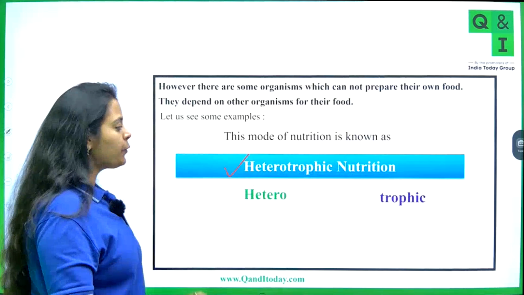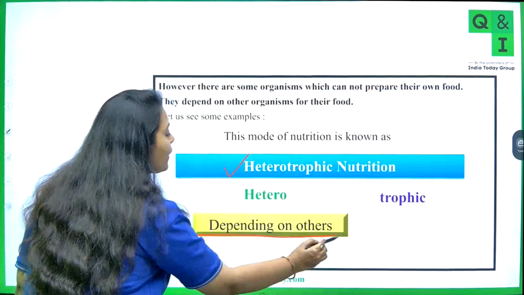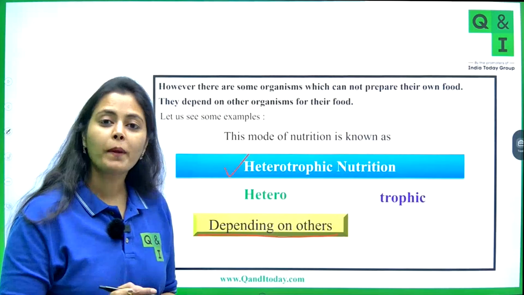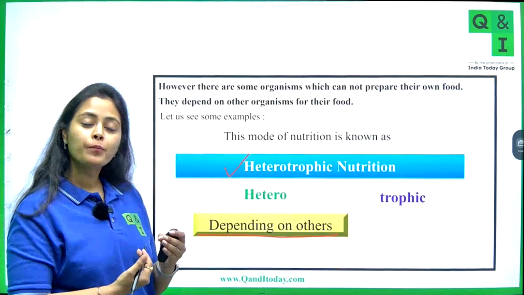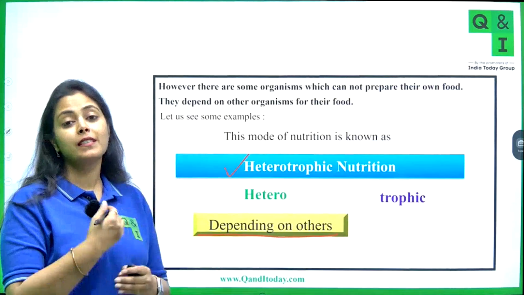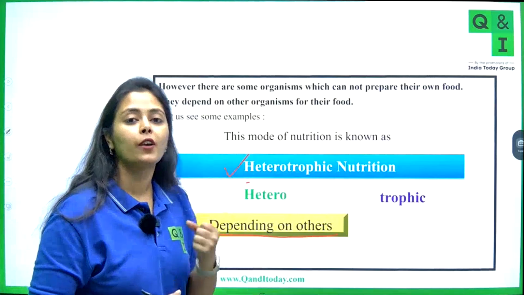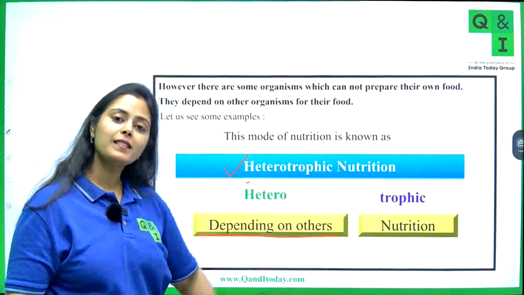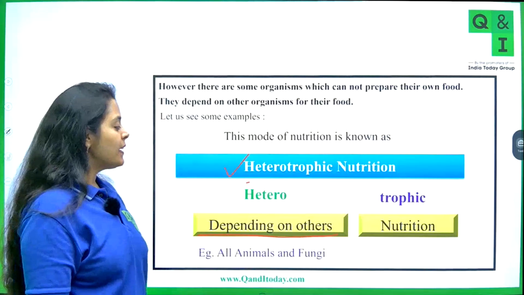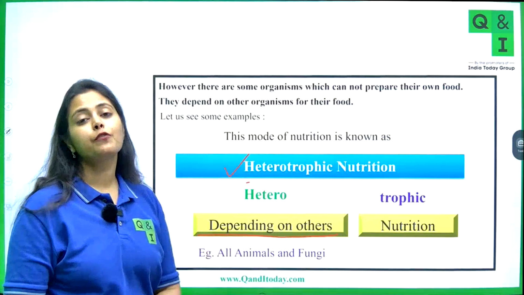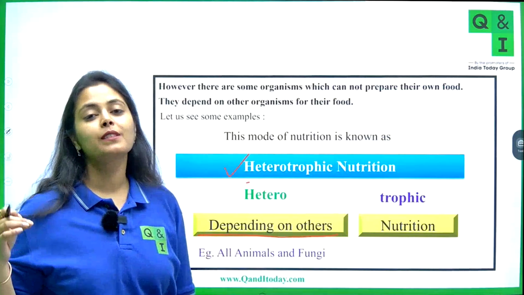If you break it into two parts, hetero means depending on others. Just like auto meant that you are preparing your own food, hetero means you are depending on others for obtaining your nutrition. And trophic means nutrition. This type of nutrition is present in all animals and fungi.